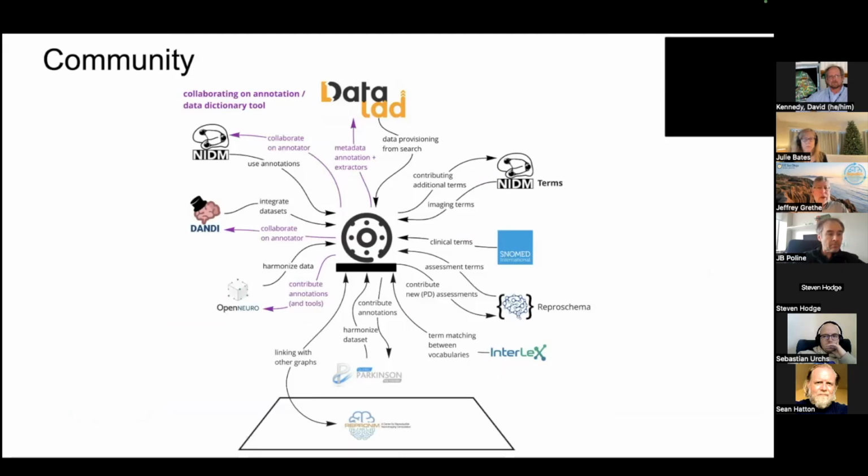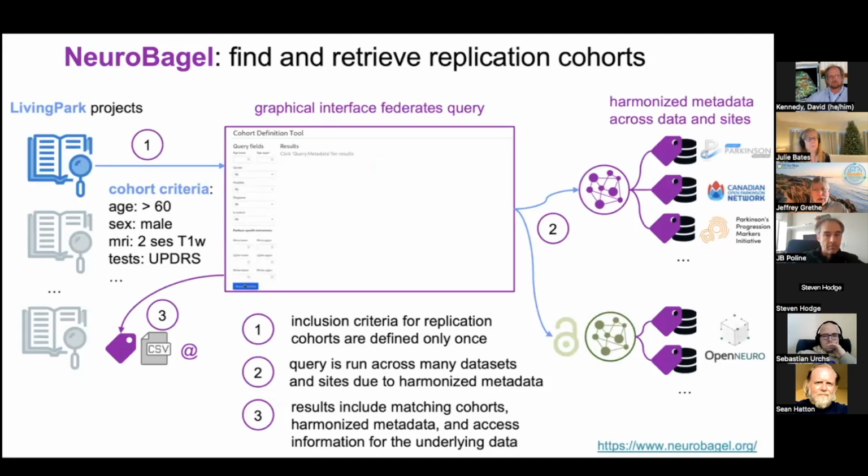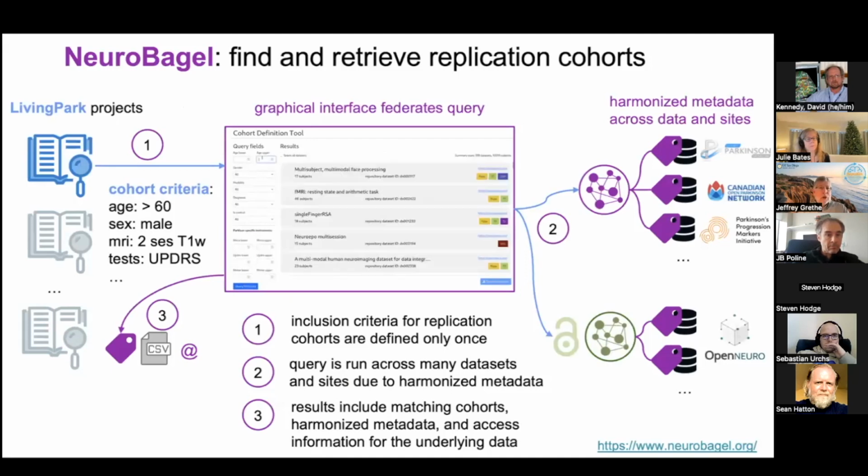The community around this data and the system involves lots of different partners, lots of different repositories. There are different ontologies, for example, SNOMED, and others that are brought in. There's work from some other NIDM ontologies in terms of NIDM terms, which was looking at how one appropriately tags data sets, for example, in OpenNeuro. And this is really a community effort, driven by a lot of work in the community.